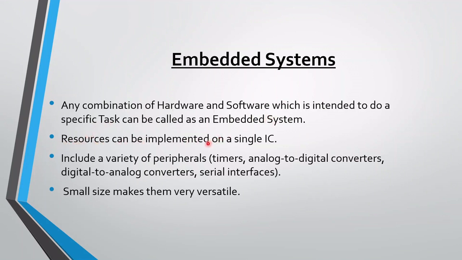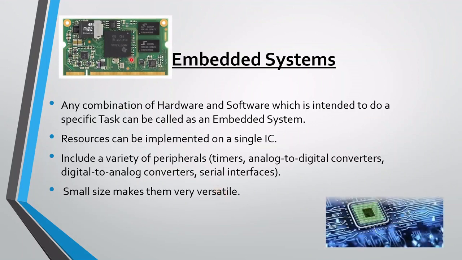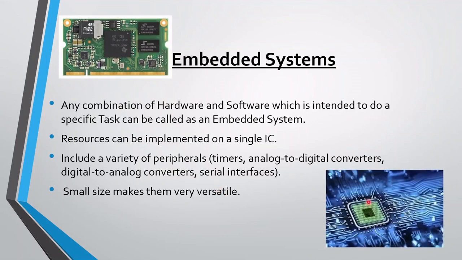Resources can be implemented on a single IC. Here, it includes a variety of peripherals, namely timers, analog to digital converters, digital to analog converters, serial interfaces. Here, the small size makes them very versatile. So these are the pictures of embedded systems.